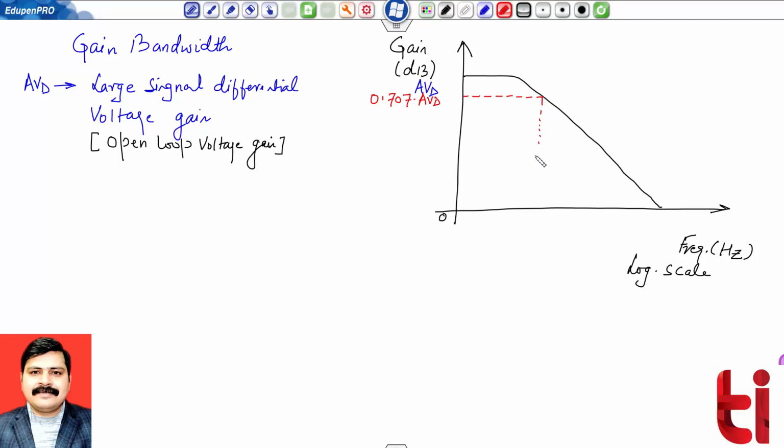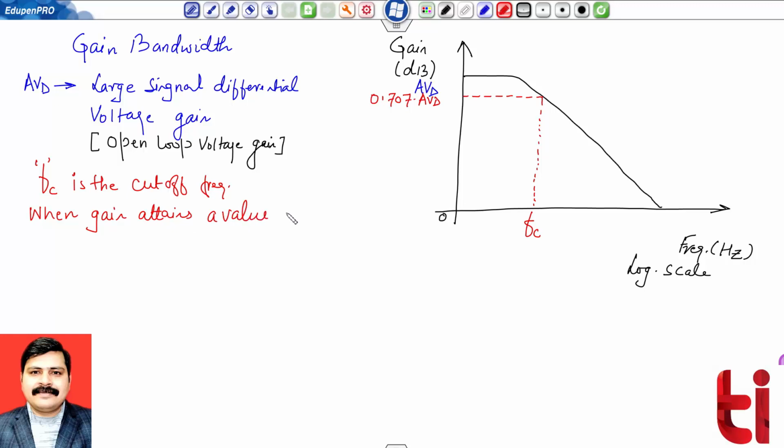So the frequency at which I have a gain of 0.707 times AVD is termed as my FC, where FC is the cutoff frequency, and it is calculated when gain attains a value of 0.707 of its maximal value, that is AVD.